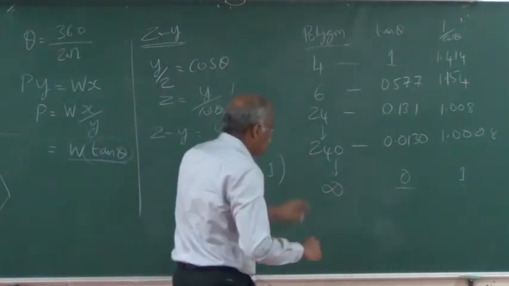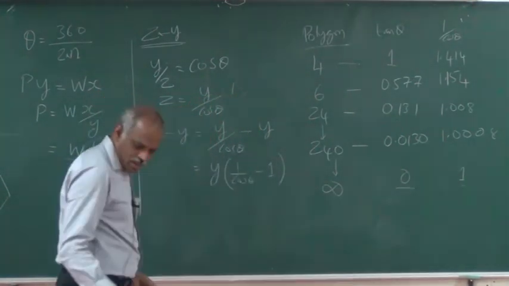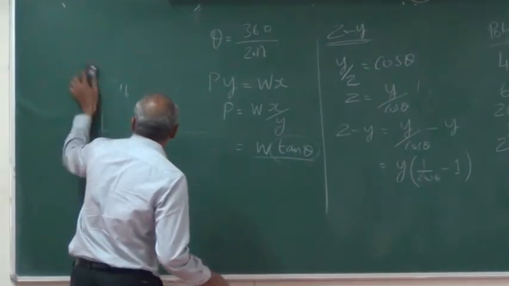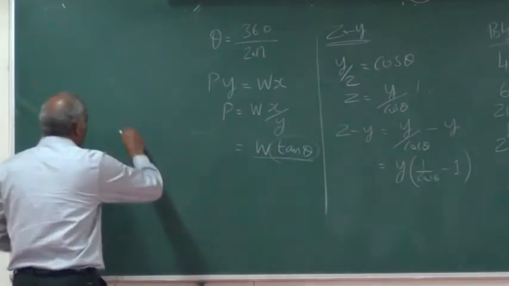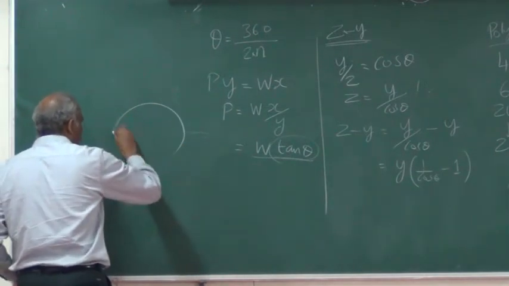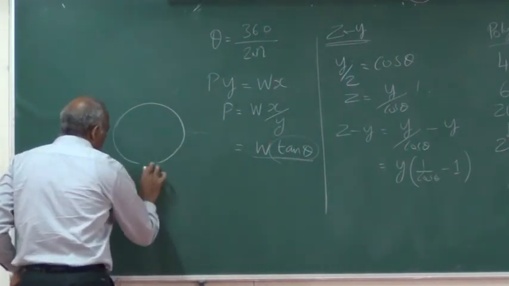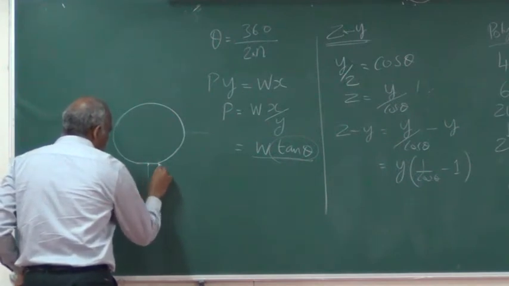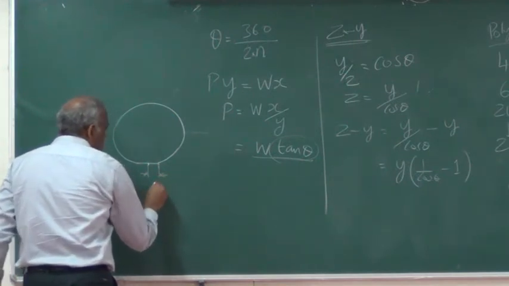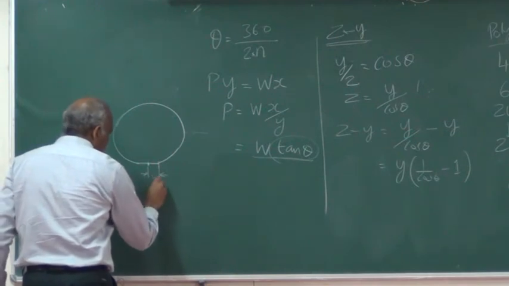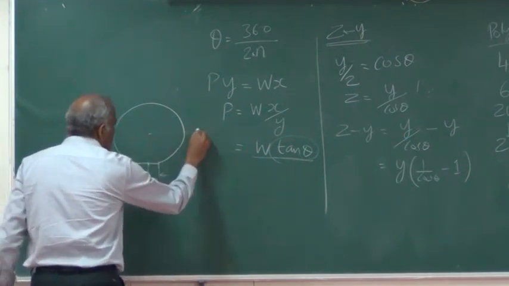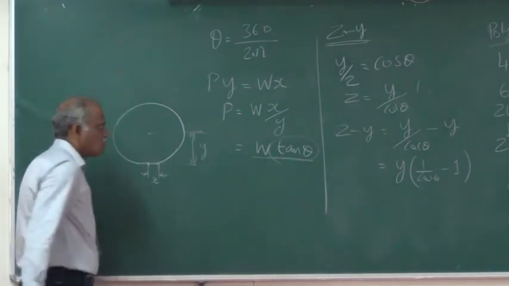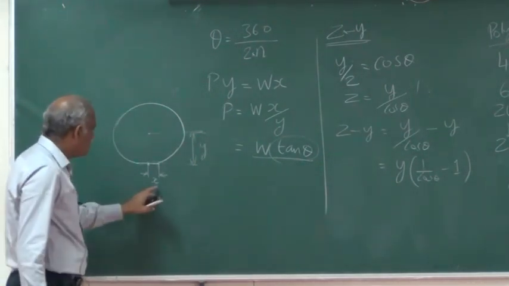So when you go for a circular wheel with a deflection, there is a certain advantage to it. If you have a circular wheel where the bottom is getting deformed, you can see this distance, which we have taken as x. So this is the height, say y.